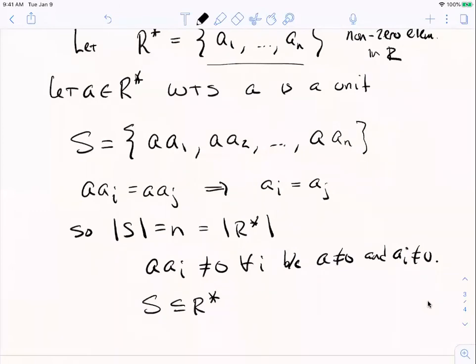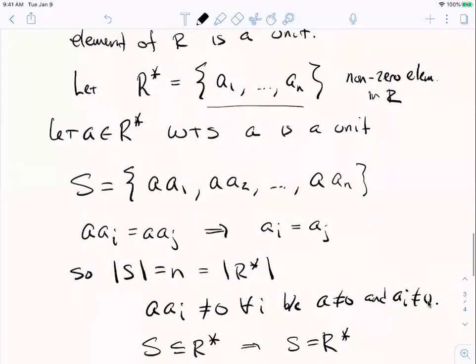Every element in S is not 0, and it has the same size as R star, so S is actually equal to R star. So when I've multiplied the elements of R star by one of its fixed elements, A, I don't know which AI is, it's one of them, I just end up getting the elements in R star back. I've permuted them.